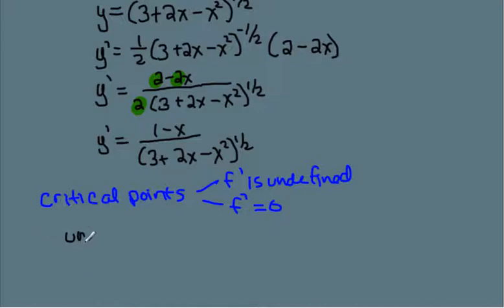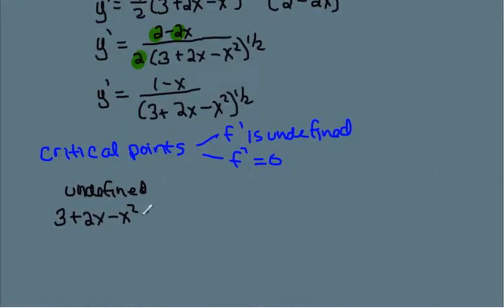It's going to be undefined whenever the denominator right here equals 0. So I'm going to say 3 plus 2x minus x squared has to equal 0, because you don't want the denominator to equal 0. If I bring everything over to the right side, I'm left with 0 equals x squared minus 2x minus 3.